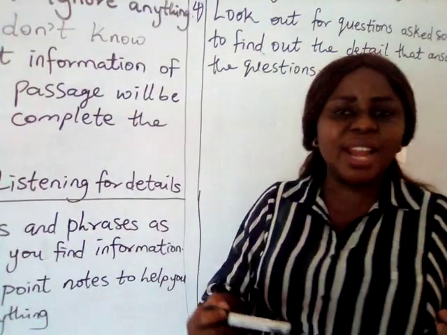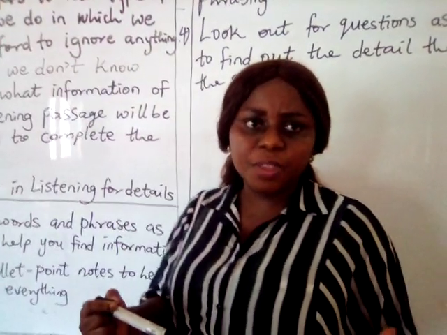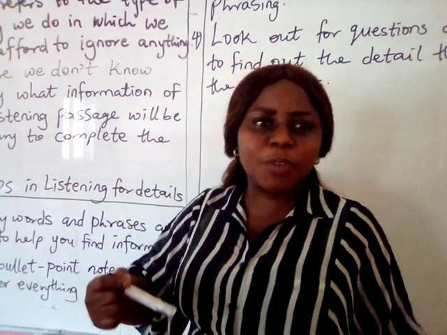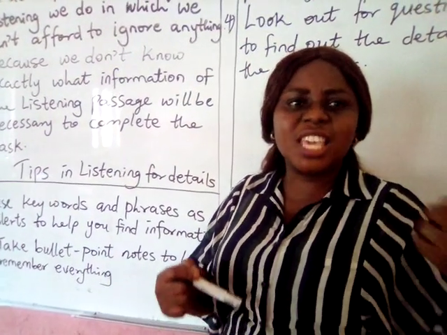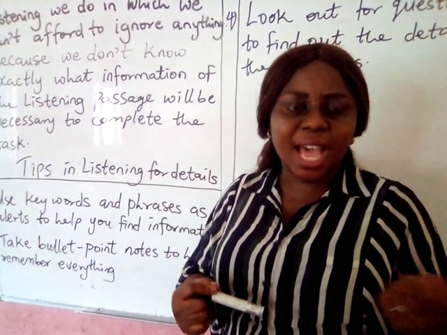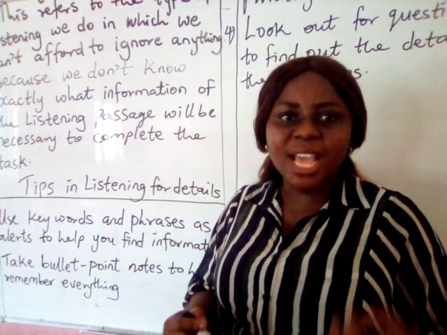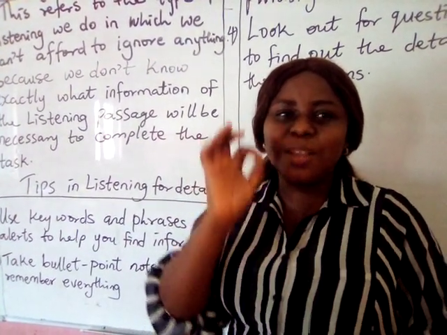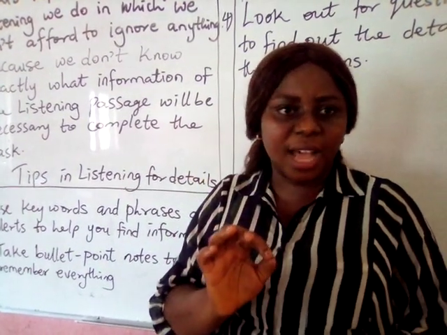You notice that when the Reverend Father is addressing you during assembly, and he chooses a particular topic, he will keep on repeating some keywords. Some keywords keep on coming out of his mouth as he's making the address. So you have to know what that keyword is. And the keyword always goes a long way to show you the major information, the main idea of that address.